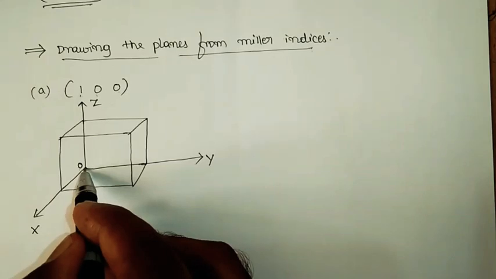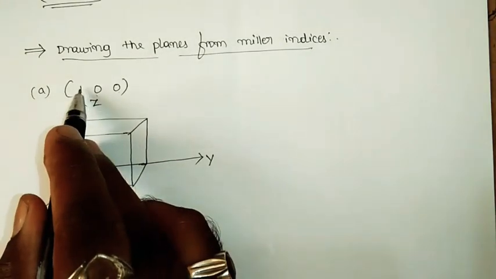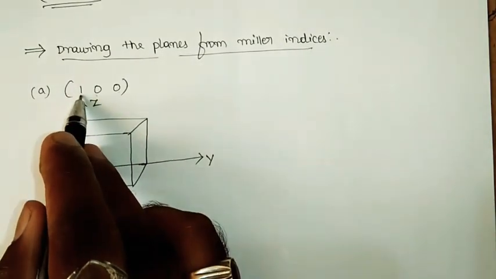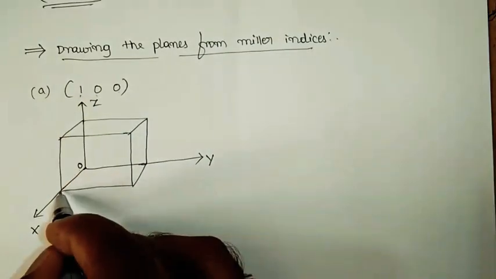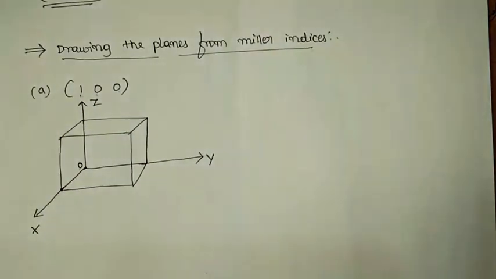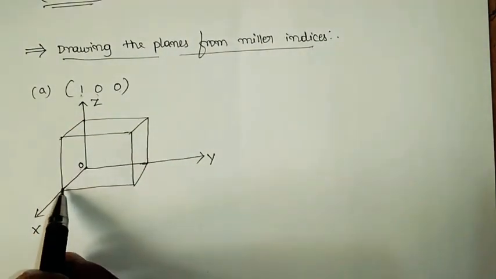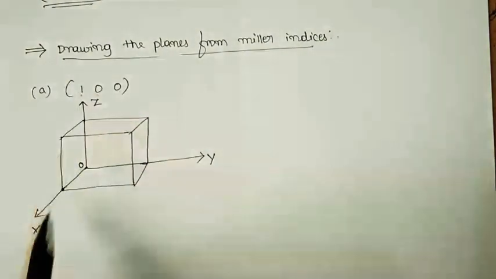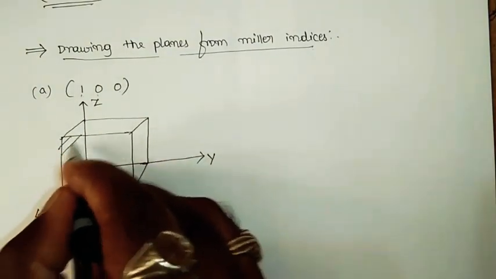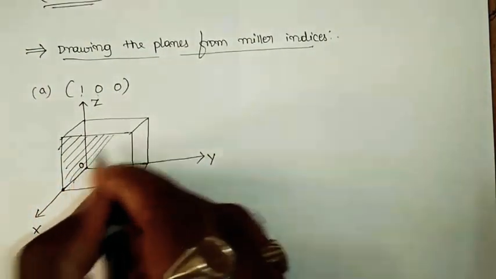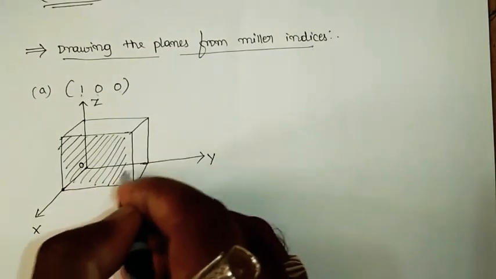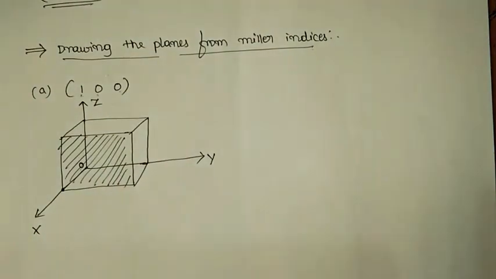From the origin, the value of the index along the x-axis is 1, so the point will be here. This is the point along the x-axis, and there is no orientation along the y and z-axes, so the plane 1, 0, 0 will be this one.